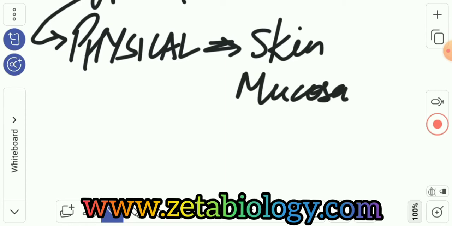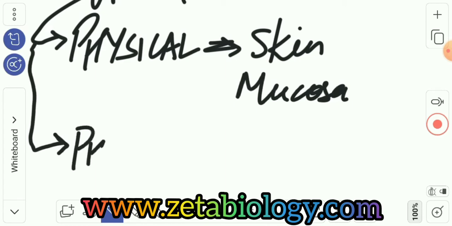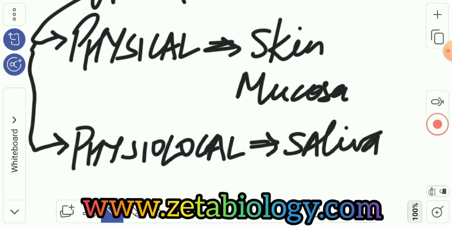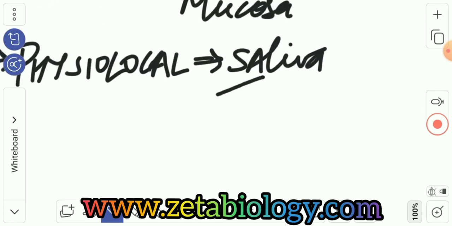So, this is the first line of defense. Another is physiological. Physical, then physiological. This consists of saliva and tears. And one more example, which is gastric juices.